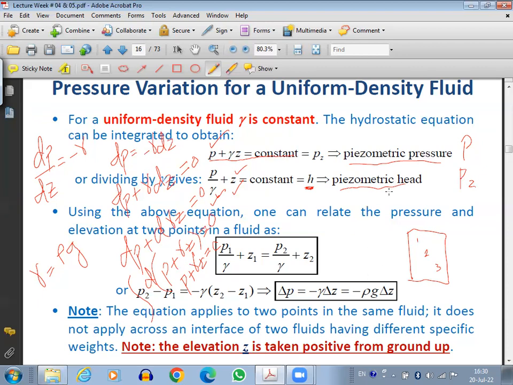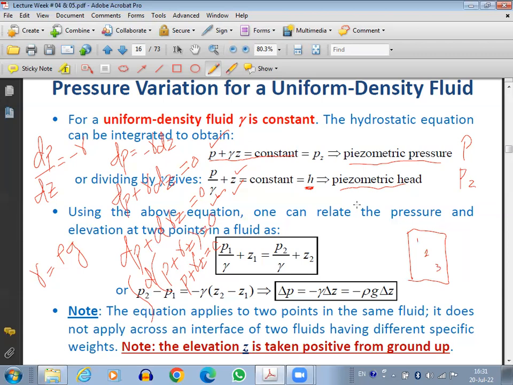If I have a fourth point, P4 upon gamma plus Z4. Now the height might not be the same. Height might be different, but if the height is changing, the P value will also change. The combination, the summation, will be the same. I'm not saying the height is the same. At different heights, the hydrostatic pressure will also be different, but their summation would be the same.